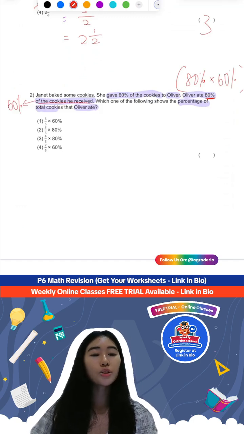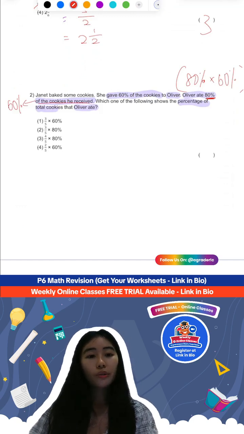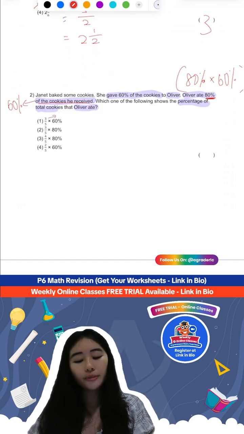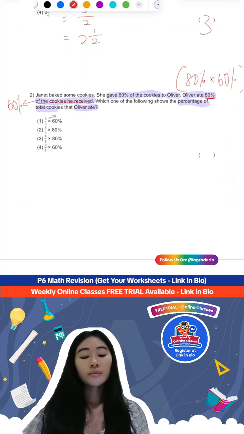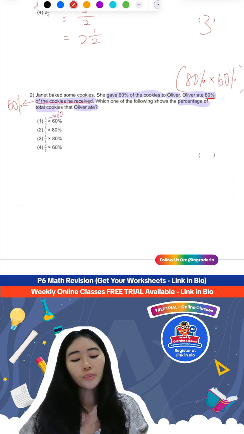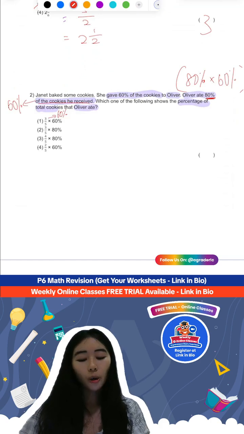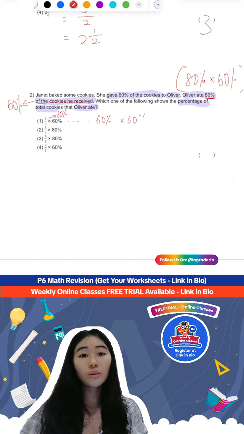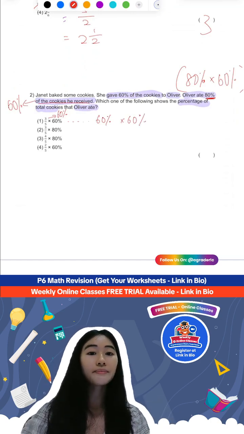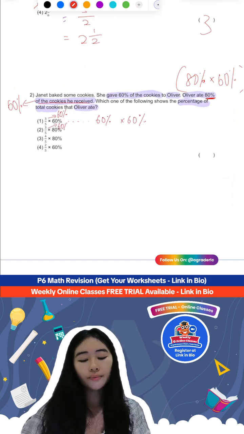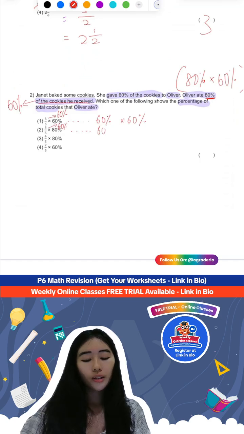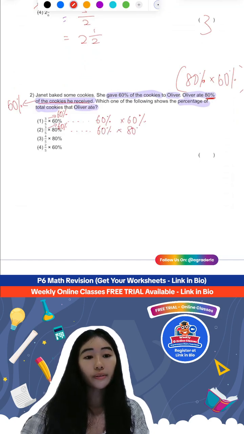So which option gives you this combination, 80% times 60%? If you look at option 1, 3/5 is actually 60 over 100. So 3/5 is actually 60%. So this means that option 1 is actually 60% times 60%, which is not what we want. So if you look at option 2, 3/5 is 60%. So this one will become 60% times 80%.